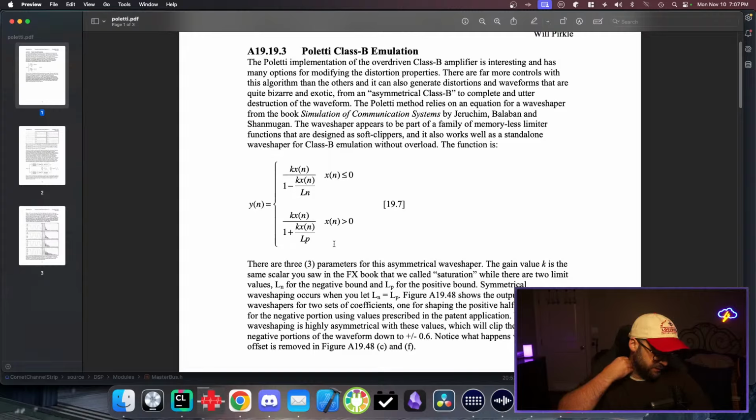That'll speed up your code quite a bit, because if statements in the audio sample loop, I guess they're not quite as bad in the process block, but if you do it sample by sample, it's much worse, because if you do something that is saying if positive do this, else negative do this.